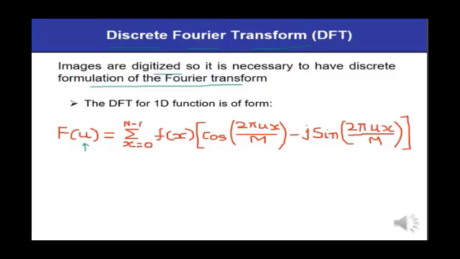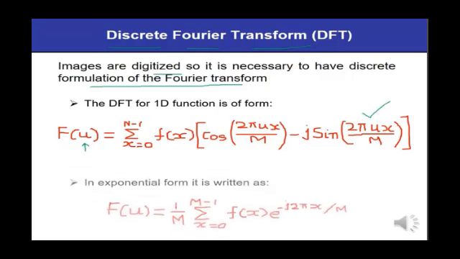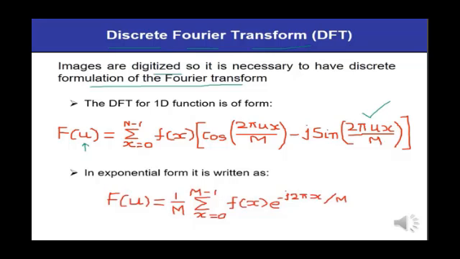So the discrete Fourier transform F of u is equal to the summation over x from 0 to n minus 1 of f of x cos 2 pi ux by m minus j sin 2 pi ux upon m. Remember this equation.